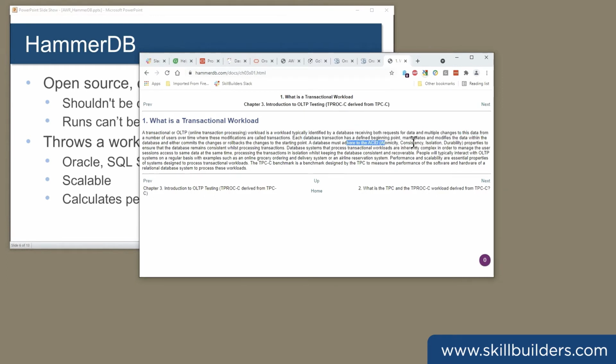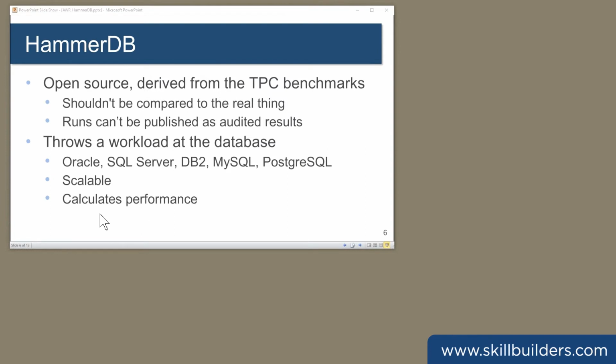We have to have ACID compliance, of course. And the standard TPC transaction is about half a dozen actions involving select, insert, update, and delete, and a commit. So the transaction isn't just one statement committed immediately. It's a bit more complex, a bit more like the real world. So that's the workload we're going to use to simulate, to work out what's going on.